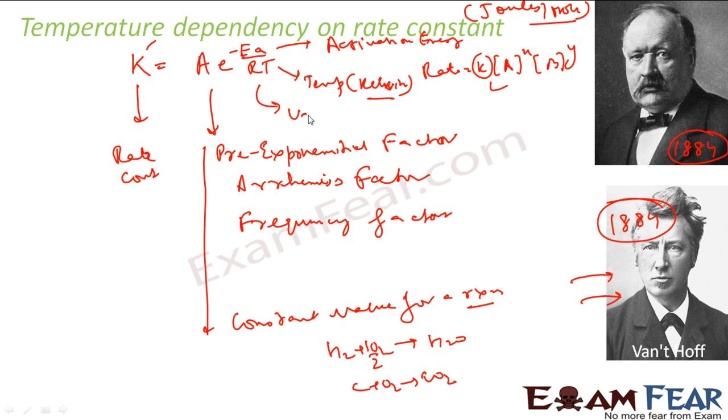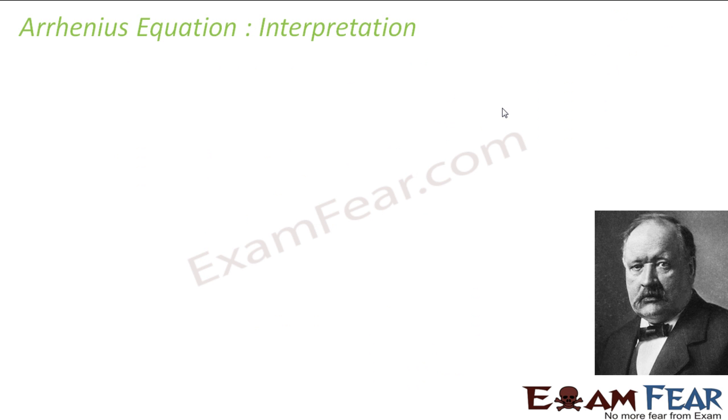And R is my universal gas constant. So K is equal to A e to the power minus Ea by RT. That is the formula he prescribed. Here a new term, activation energy, has come, so we'll talk about activation energy.